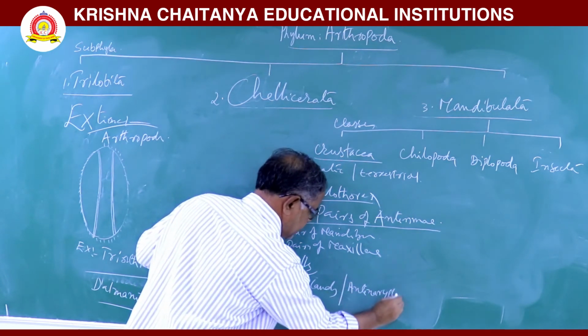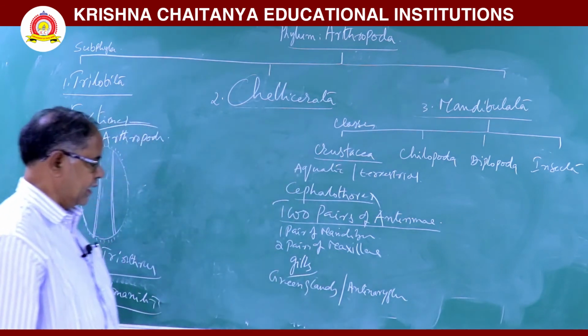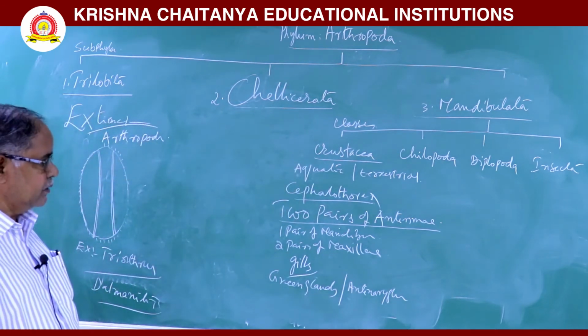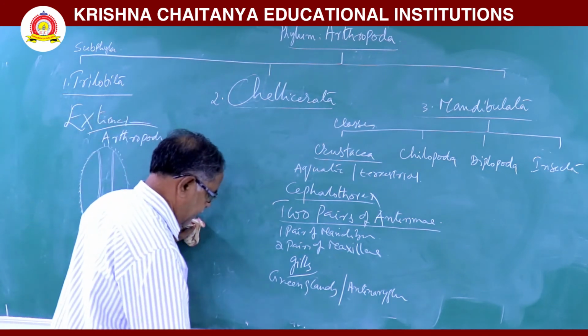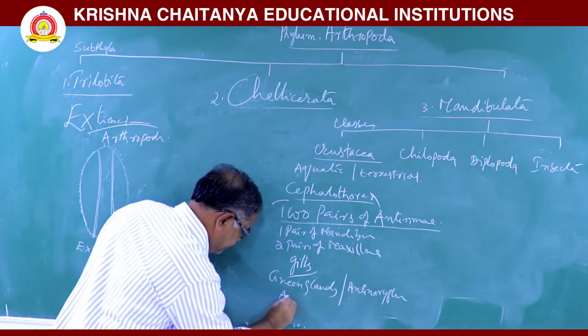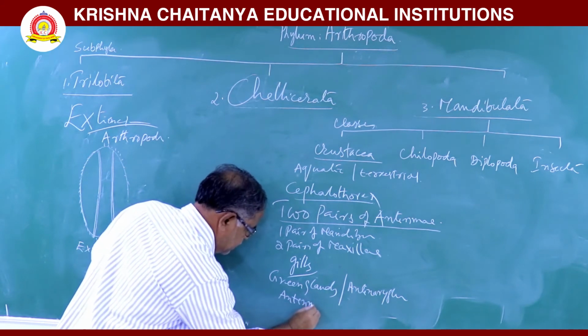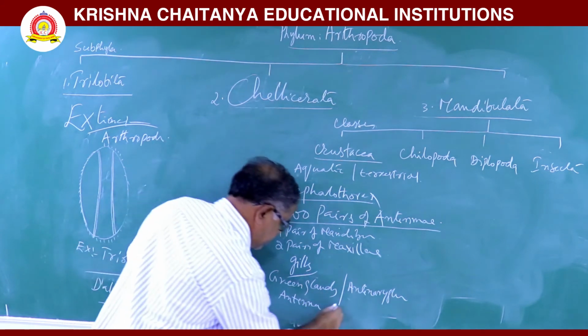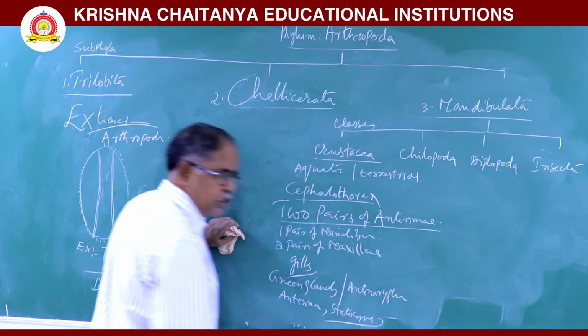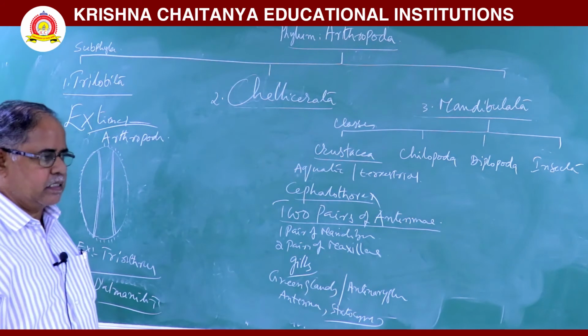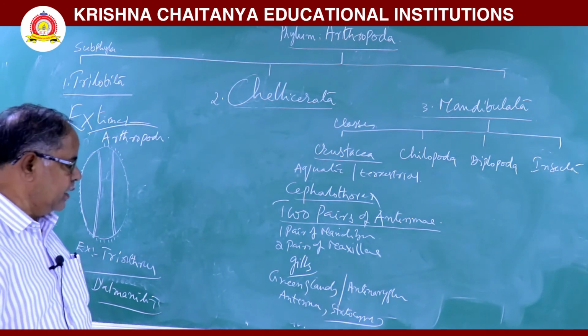Antennary glands, also called green glands, are there. In this animal, the sense organs are antennae and statocyst. The statocyst is used for balance or equilibrium.